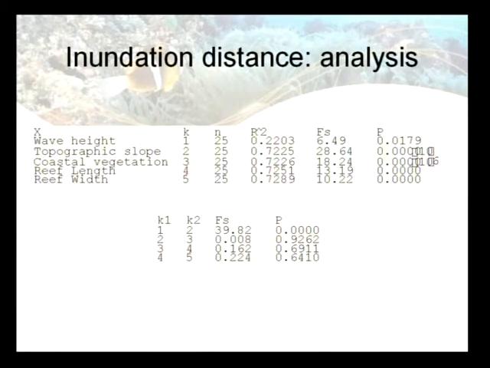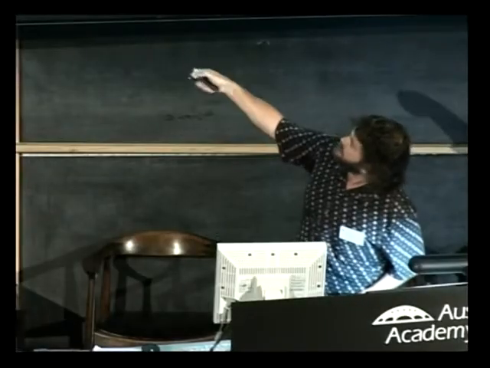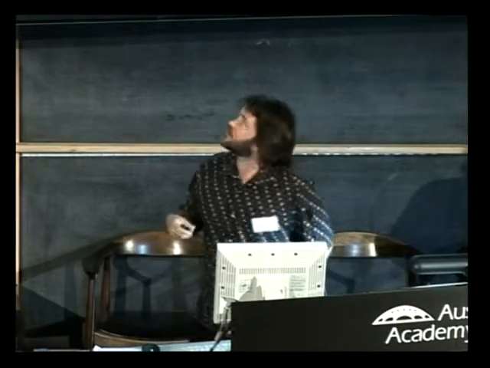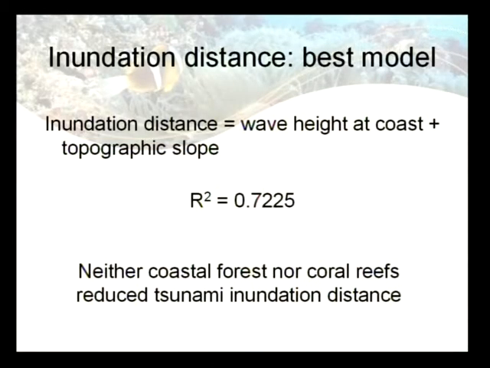Between those two variables, they explain nearly 73% of the variation, and adding all these other features, and we've added many of them, doesn't increase the explanatory power in a significant way. So the best model to explain inundation distance is wave height at the coast plus topographic slope. And again, from this, we conclude quite strongly, I think, that neither coastal forest nor coral reefs reduced the inundation distance in Aceh.